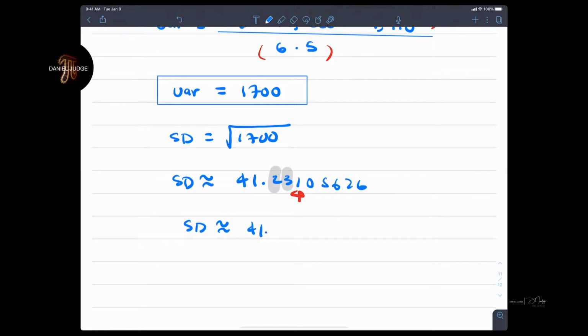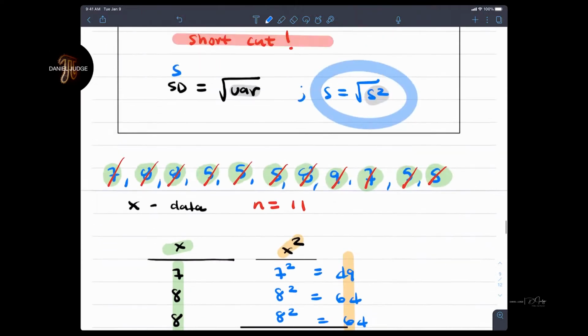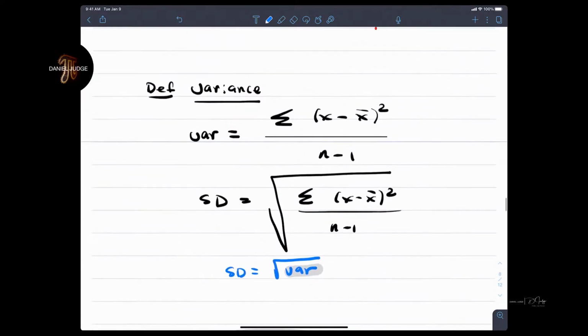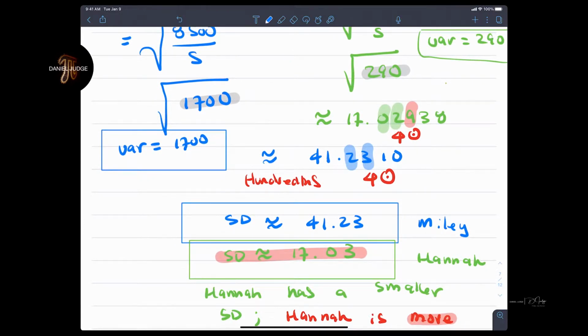So we get 41.23. And ladies and gentlemen, there you go. Let's verify that this is exactly what we got the other day. 41.23. And sure enough, it sure is.